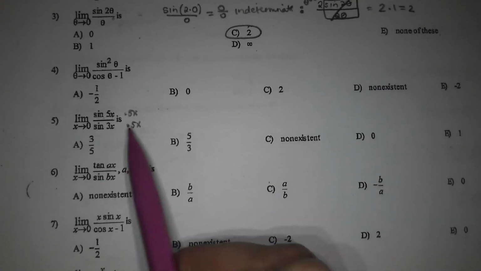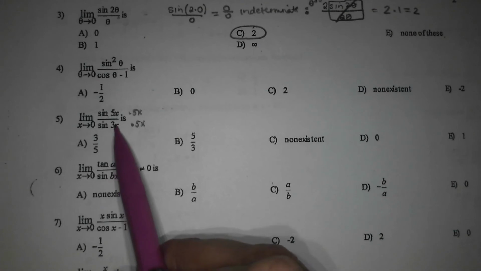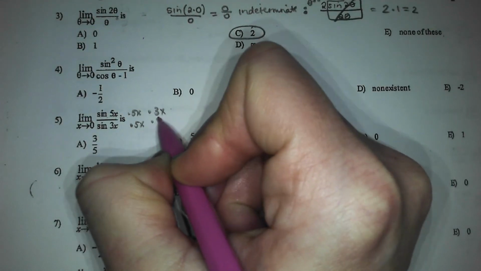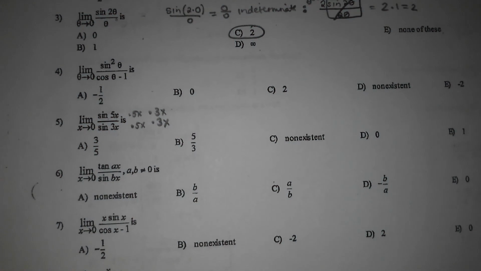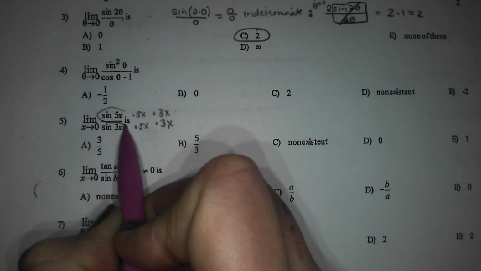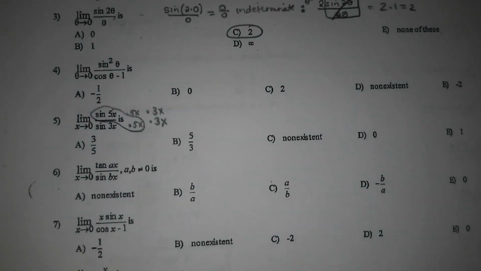And then also the sine of 3x on the bottom would need a 3x on the top to get rid of that. So as far as the limit is concerned now, the limit of this part is just 1.